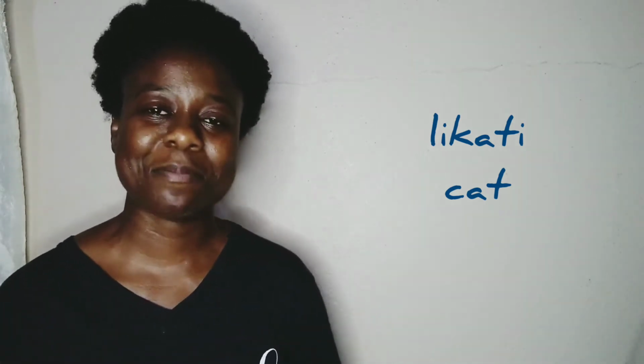Another noun class is li. Nouns in that class begin with the prefix li. An example is licati. That's a cat. Not a big fan of cats, but some people like them, so we'll learn licati.